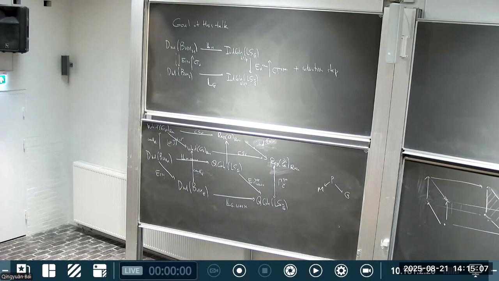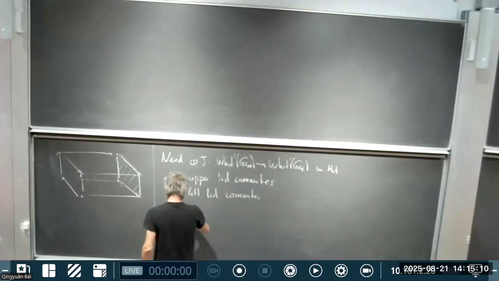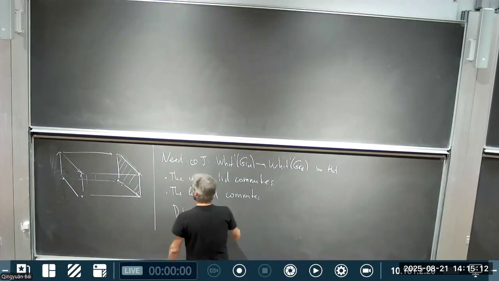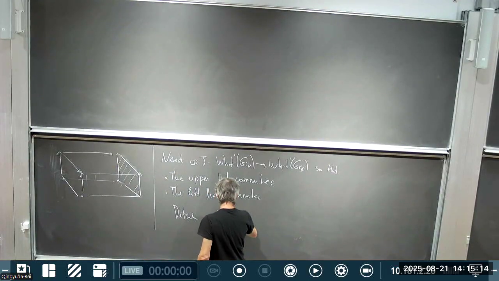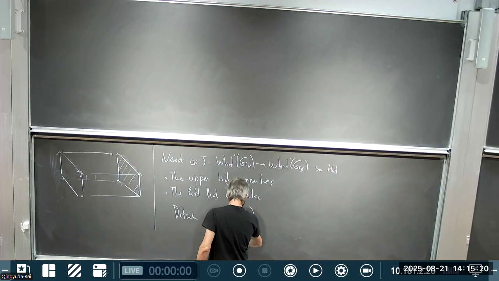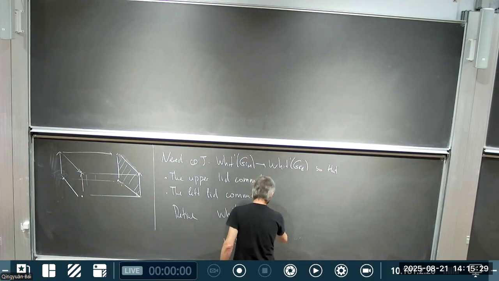So define this factorization functor for co-Jacquet to Whit G so that the diagram commutes.